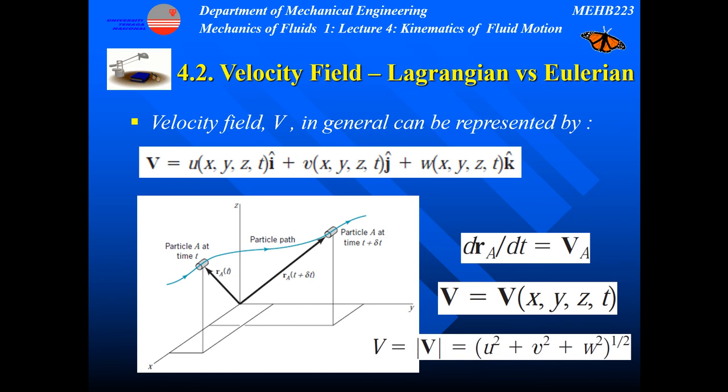Okay. By definition, the velocity of a particle is the time rate of change of the position vector for that particle. The time derivative of this position gives the velocity of the particle as dr over dt equals v.